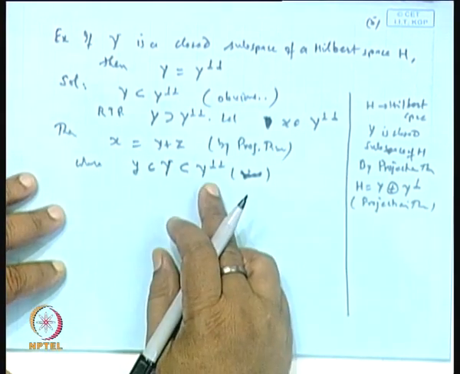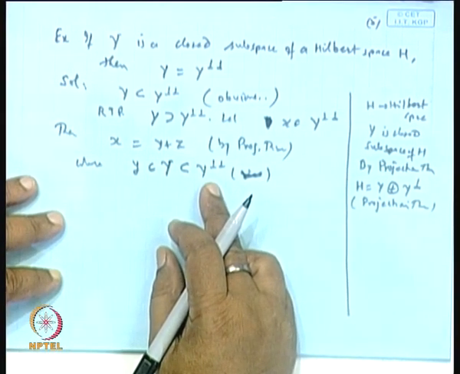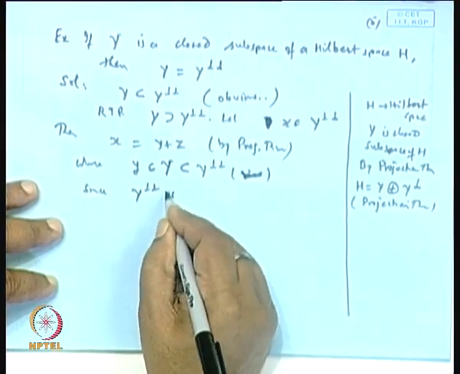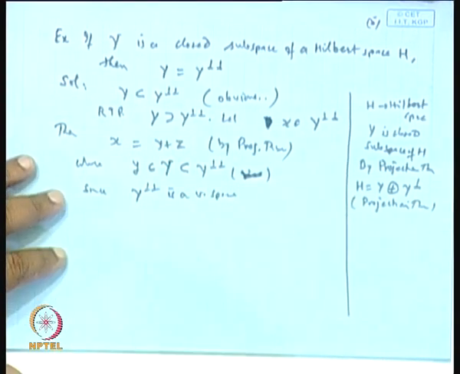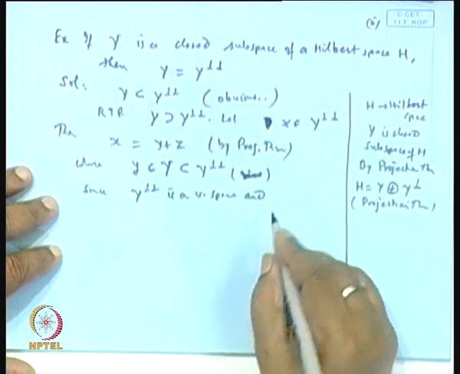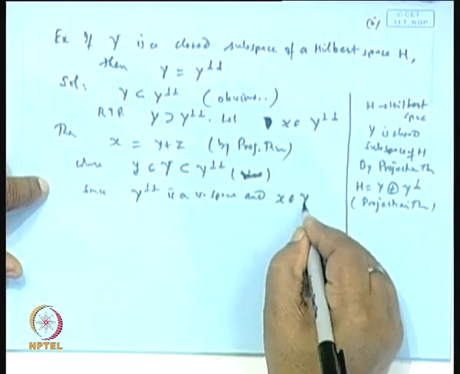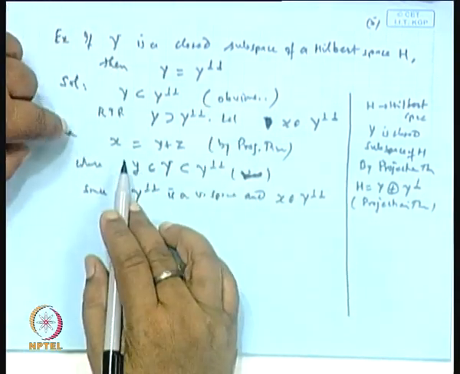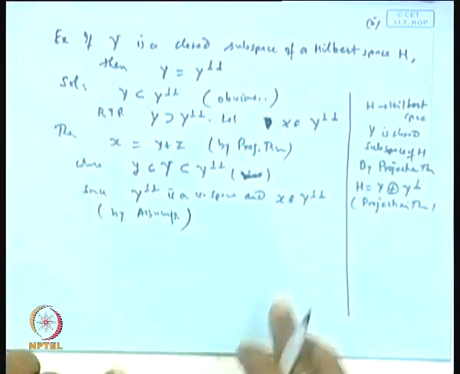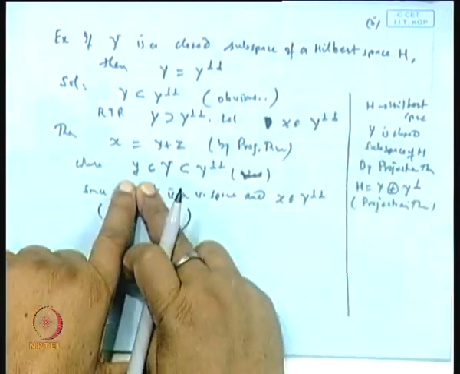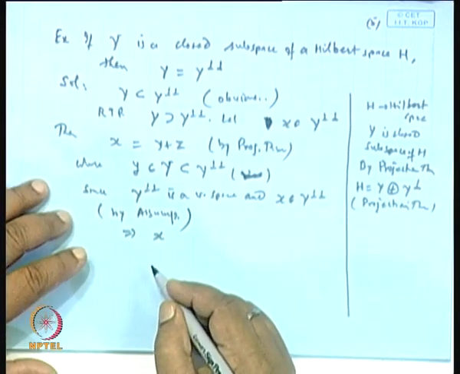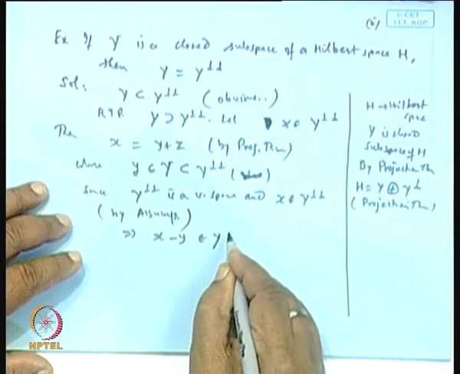Now, since the orthogonal complements, the annihilators, are vector spaces, is it not? So, since Y perpendicular perpendicular is a vector space, we get that x belongs to Y perpendicular perpendicular by assumption, and y is also in Y perpendicular perpendicular, therefore x minus y is a point in Y perpendicular perpendicular.